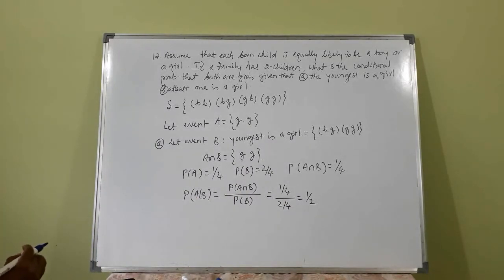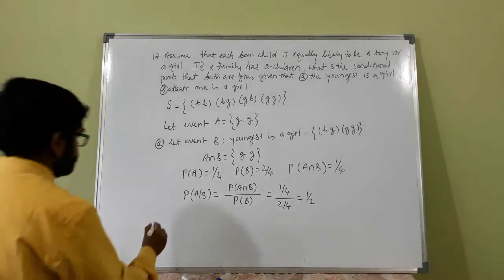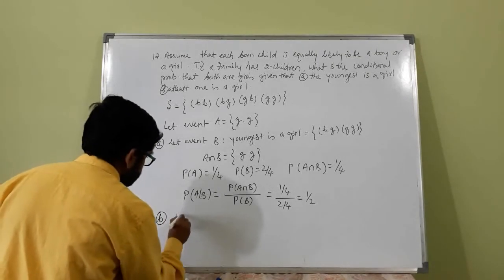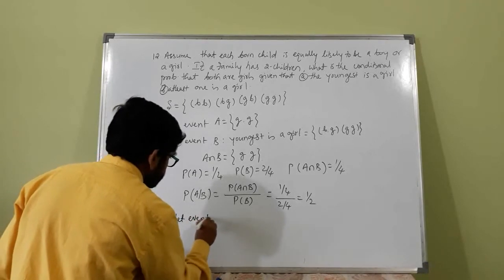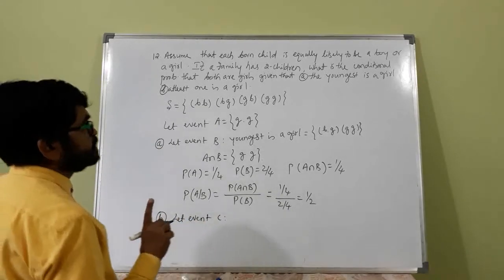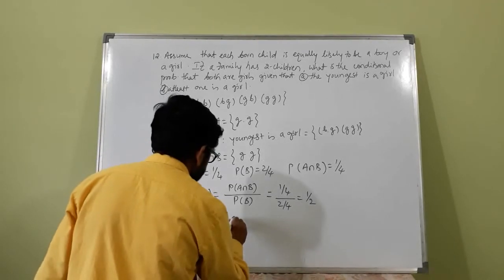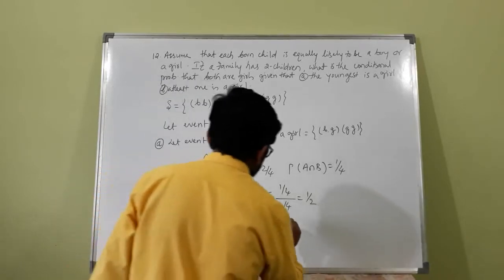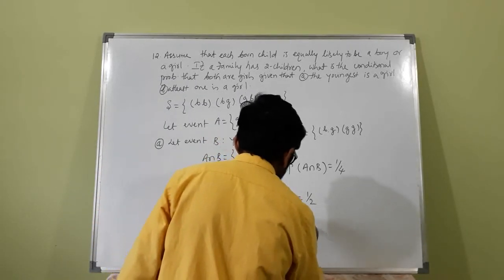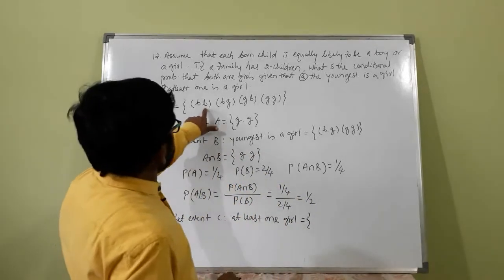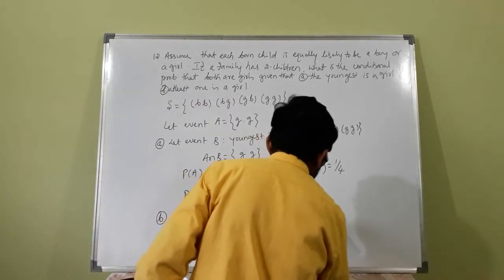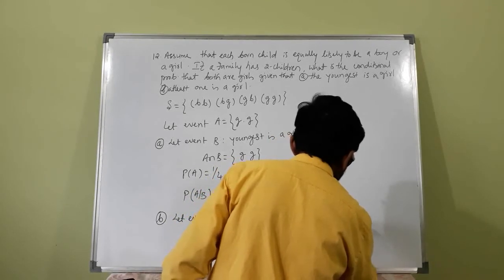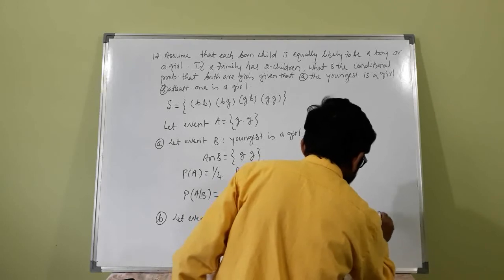At least one is girl, B is, let event C is at least one girl. That means BG, GB, or both are G's.